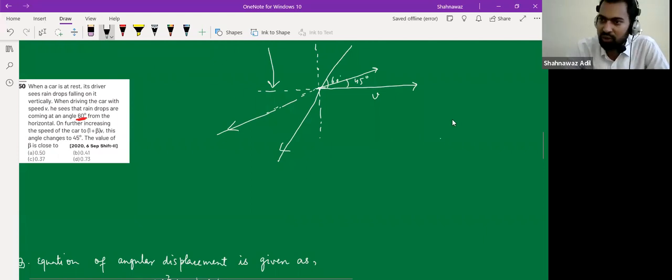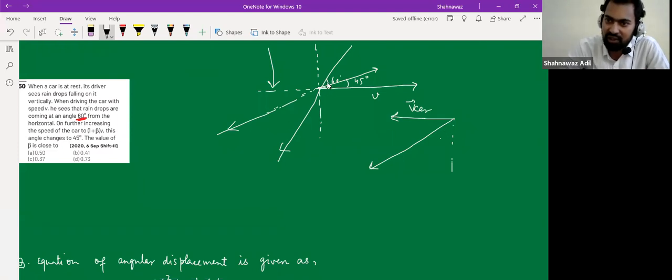Okay. So this is now velocity of the car. And this angle is 60, right? And so this angle will be 60, right?